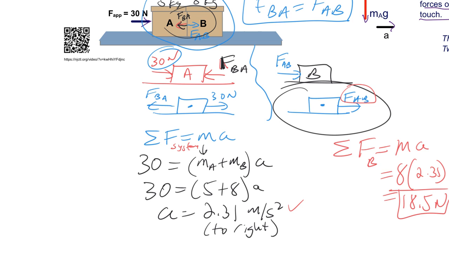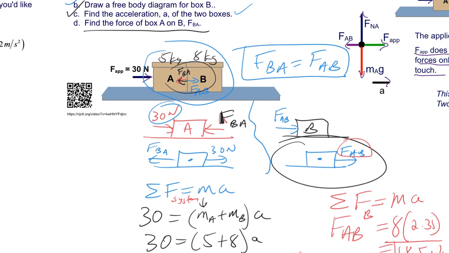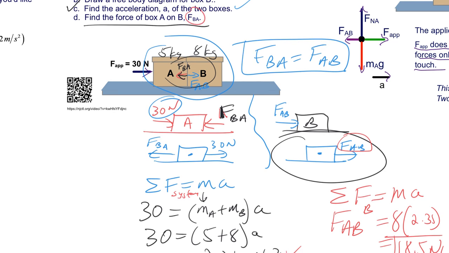That would be force AB, which is the force on system B. Now that's what they're asking for. No, they're asking for FBA. Well, it's the same thing, but to the left.